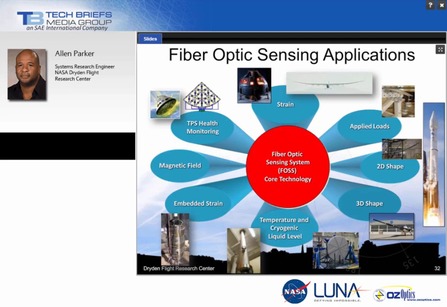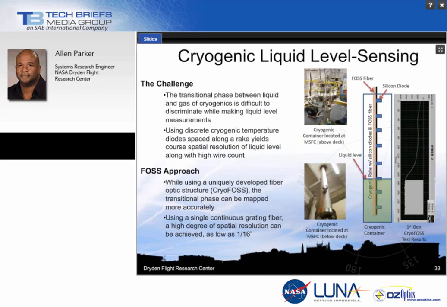A year and a half ago, we were asked by Kennedy Space Center and Launch Services if our fibers could be used to measure cryogenic liquid level on fuel tanks for launch vehicles. So we were asked to go and participate at a test at Marshall Space Flight Center, where KSC was sponsoring some cryogenic testing. And we did that so that we could get a feel of what was involved in making this measurement.